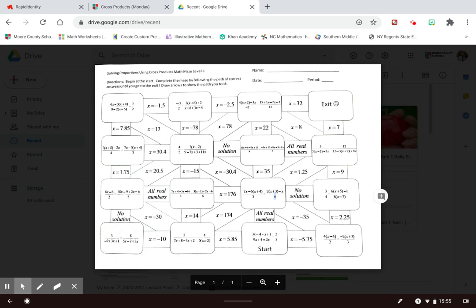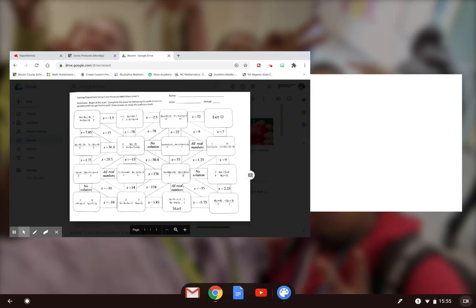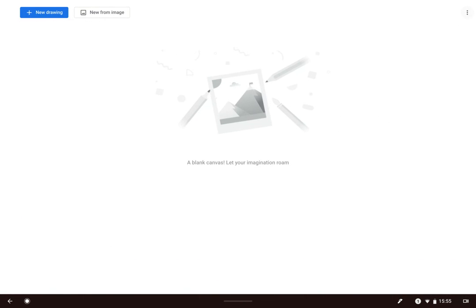Okay, so if we look at the first one, it says 3x minus 4 minus x plus 1, divided by 9x plus 4 minus 2x, equals 2/5. Let's go ahead and I'm going to show you how we solve these.